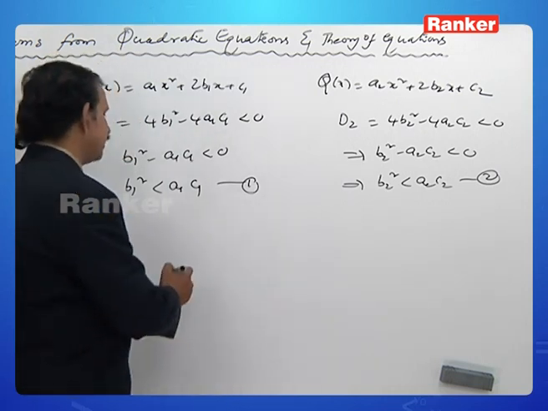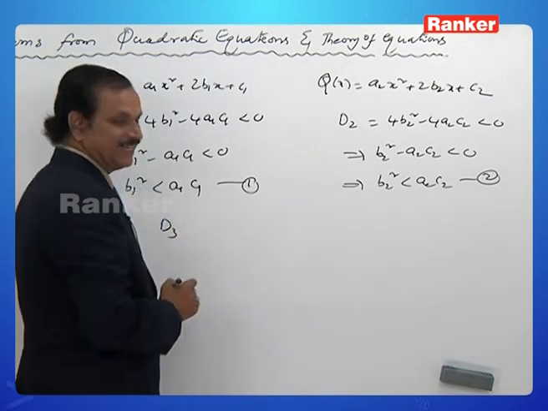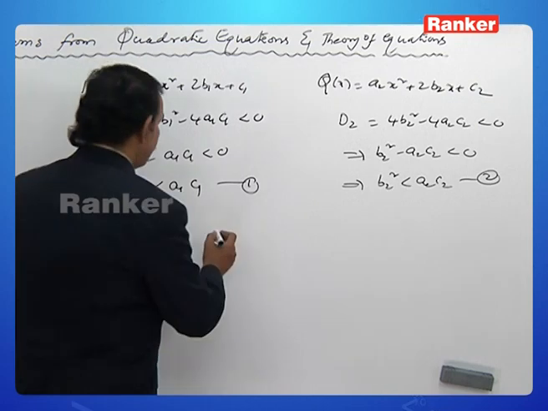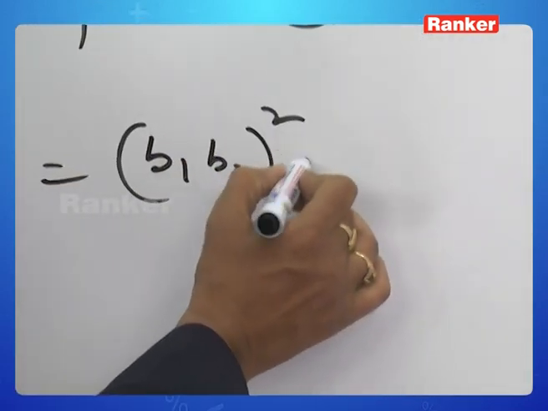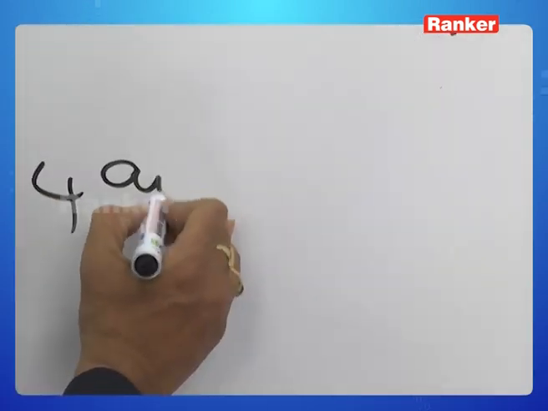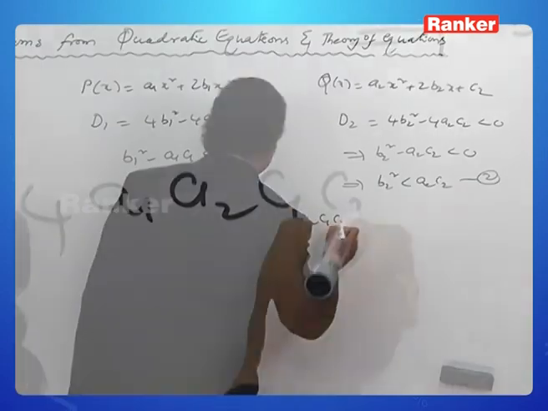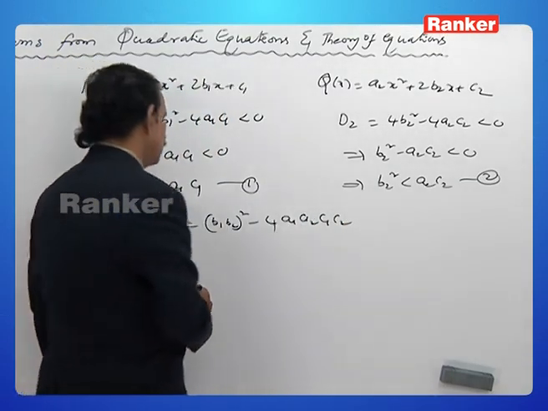What is the discriminant of g of x? Let me call it some d3. What is the discriminant? b1 b2 whole square minus 4 a1 a2 c1 c2.